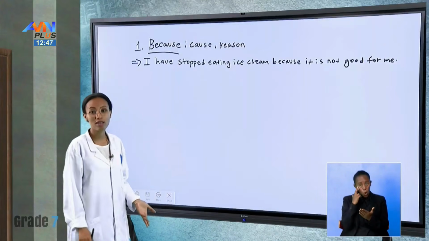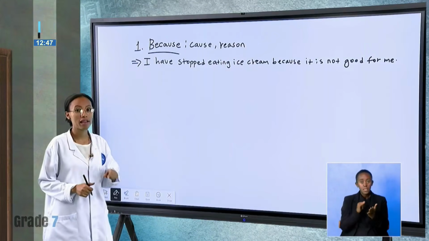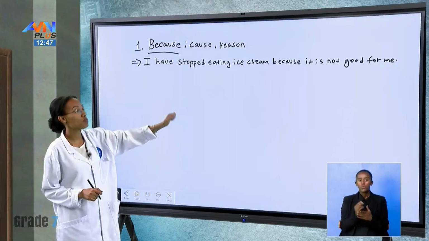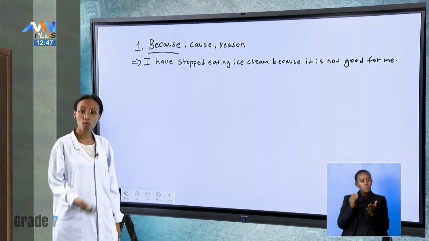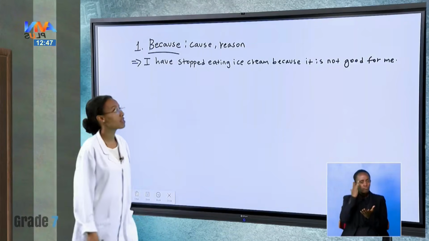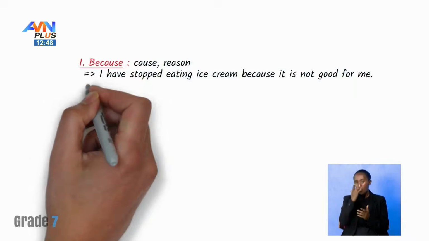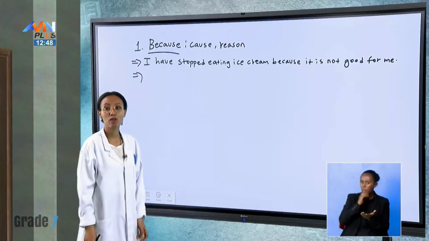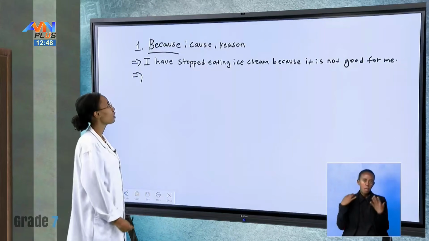Because it is not good for us. That is the why that it's asking. Whenever you use the subordinating conjunction because, people often ask why, and that is what it is answering in this case. If someone says, why did you stop eating ice cream? And then you would say, because it is not good for my health.